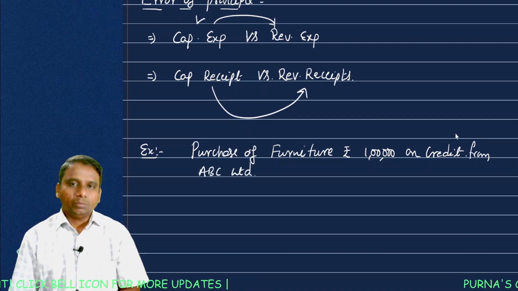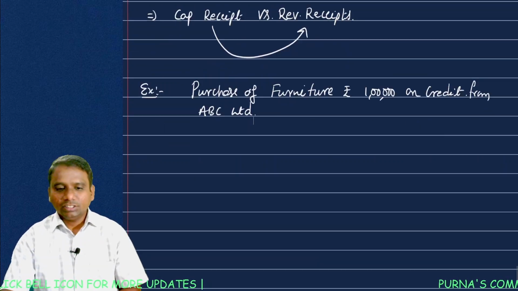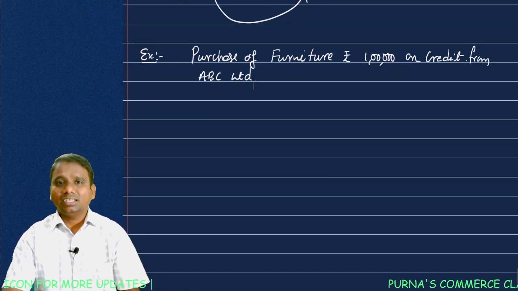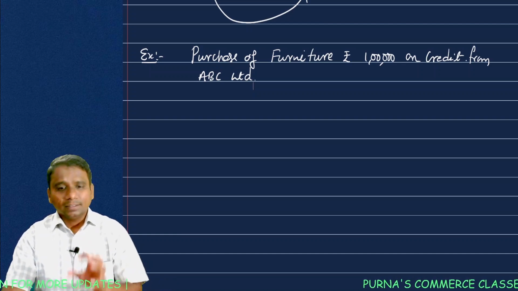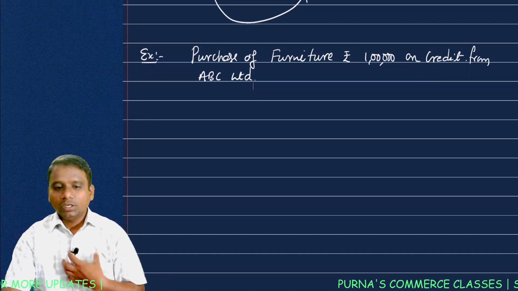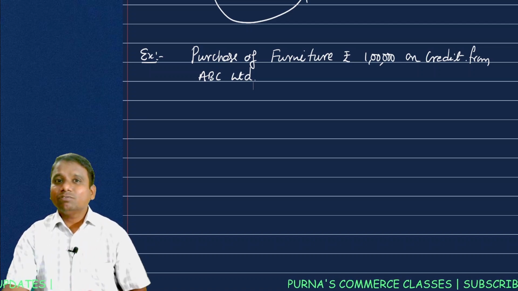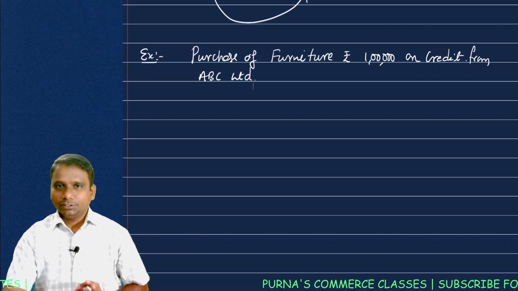Now you tell me, purchase of furniture. We are not furniture dealers. If we are doing business as furniture dealers, then this furniture is goods for us. But we are not dealing with furniture, so this furniture will become an asset for us.